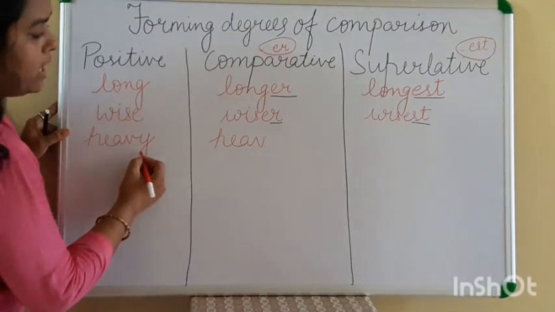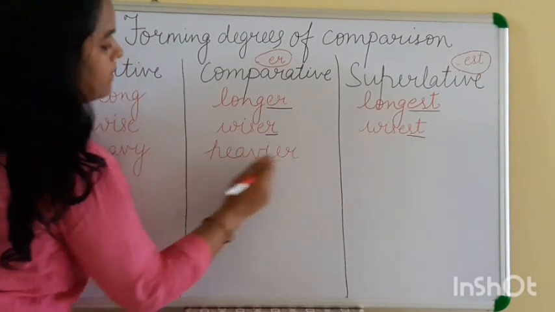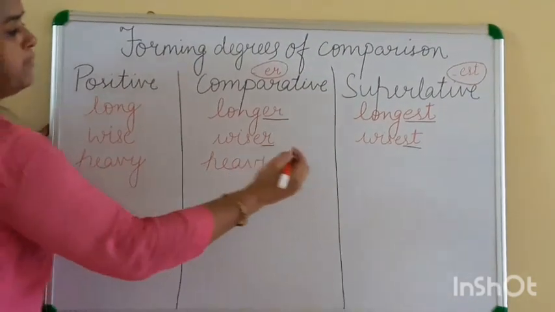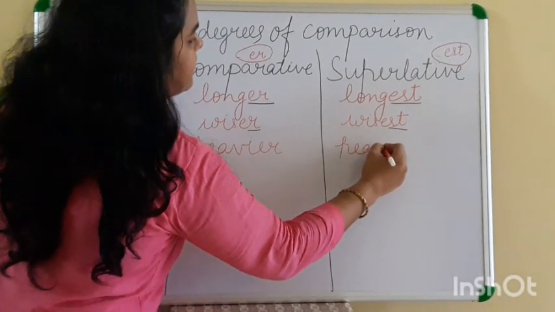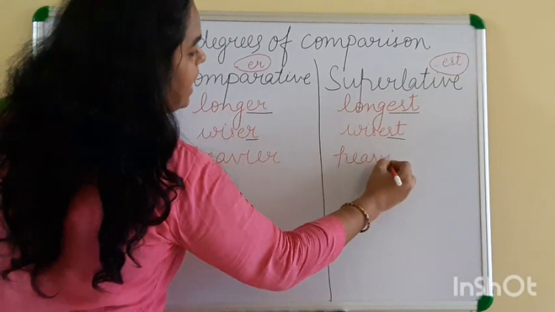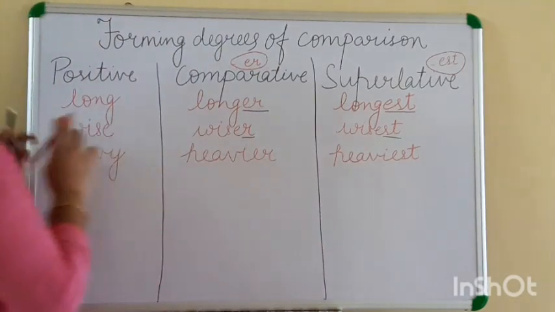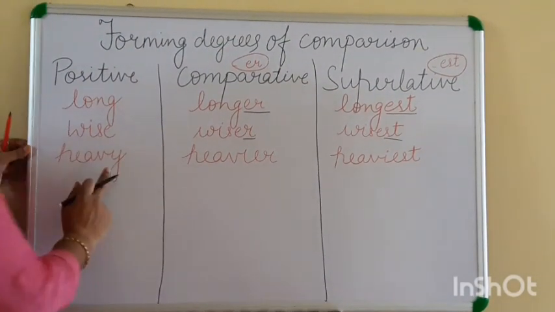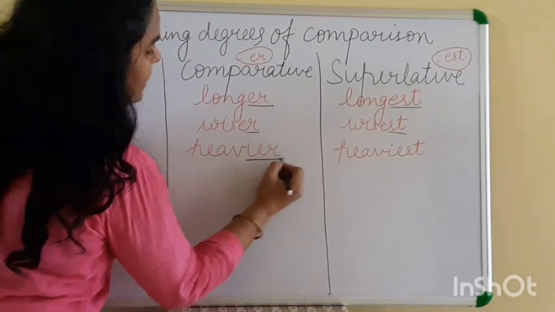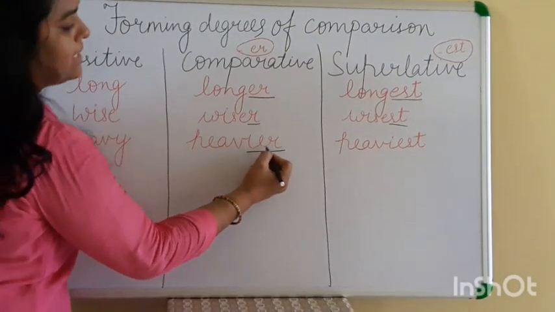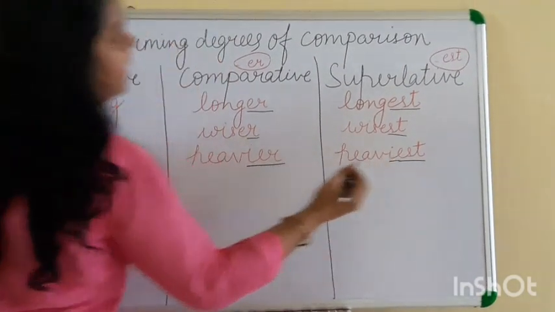Now we are not writing Y, we will change this into I and add ER. Now it becomes heavier. Here you will write heav, change Y into I and add EST. Got it? This is the case when you have a consonant before Y. Y is changed into I and ER is added. Y is changed into I and EST is added.